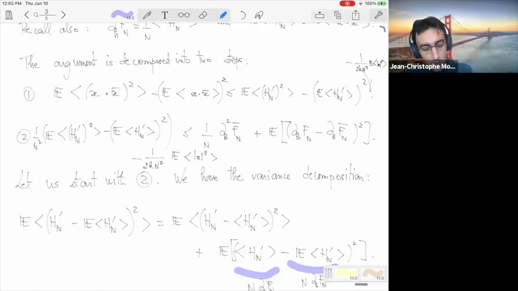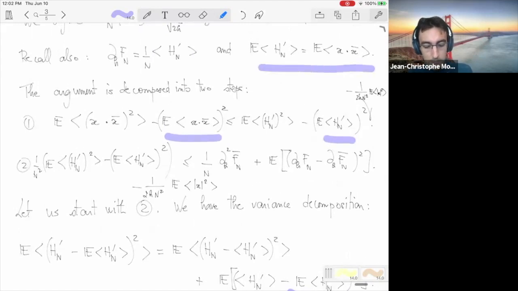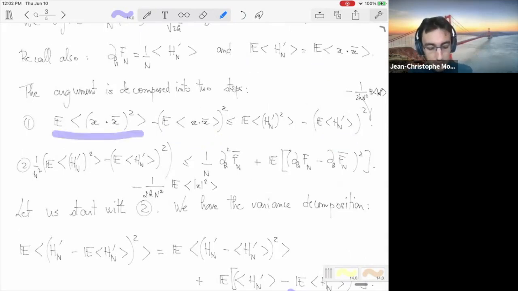So first of all, we've said that this guy and this guy are the same. Remember, it's written here. So in fact, the whole point is just to verify that when we compute the second moment, there is a relationship between the second moments of these two guys. This is what we want to do.